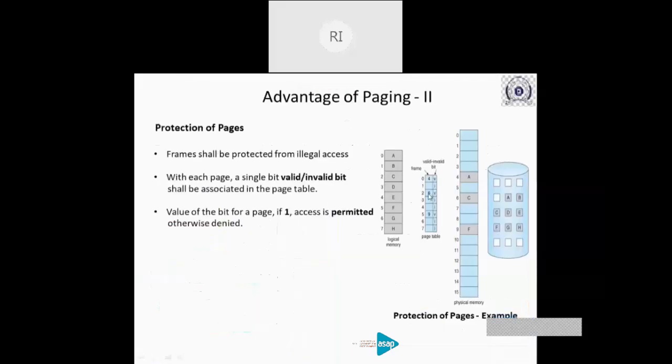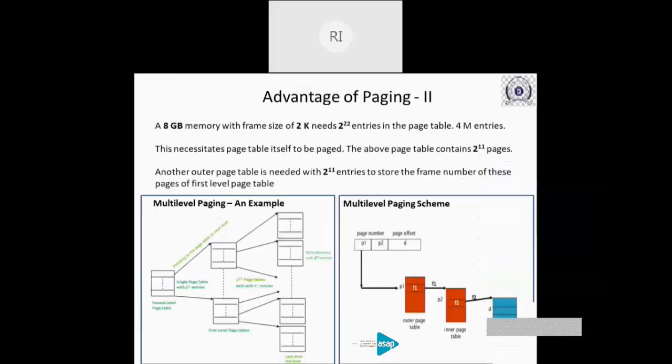And page number 1 is invalid, so wherever it is stored, it is not permitted to access. So this is another advantage: protection is possible if you use paging for memory management.